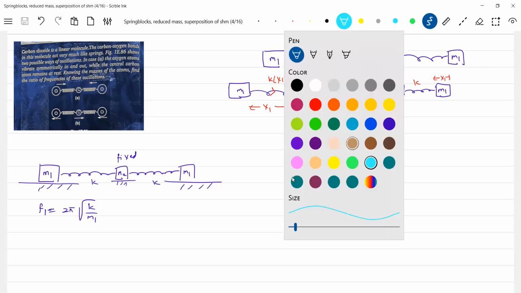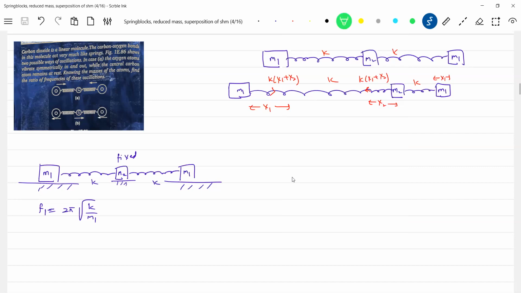I take some green color one. I know how the spring force should act in this direction. Because what is the compression of the right spring? It is x1 plus x2. So the spring force will be K times that.